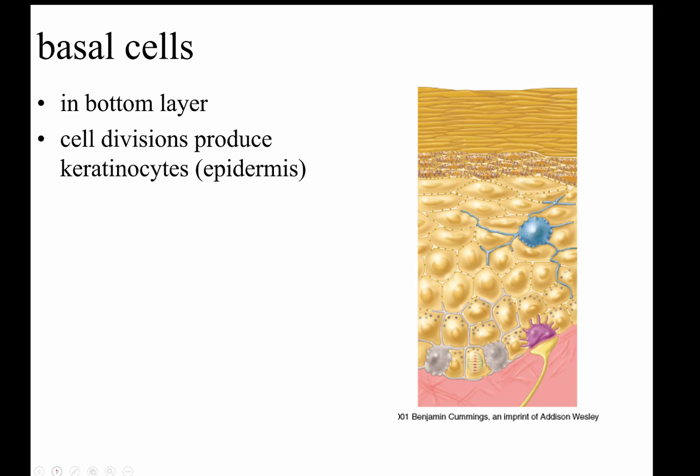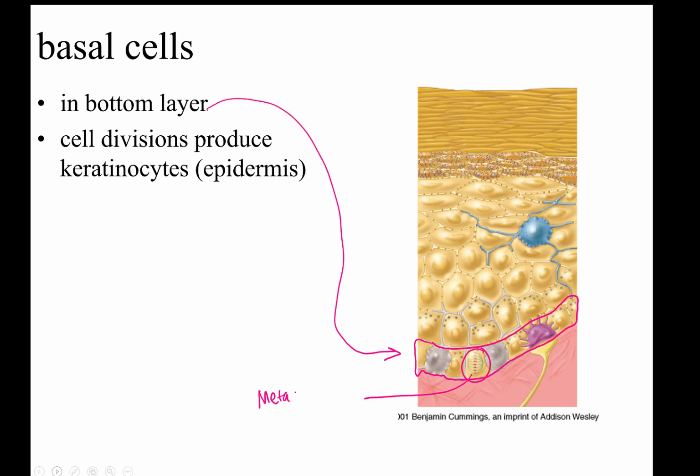Okay, so basal cells are in the bottom layer that we call the stratum basalis, or stratum basale, or stratum germinativum. Don't worry, you'll see those words again a little later, but that's just this bottom layer of cells here. And these are stem cells that produce keratinocytes above them. So you can see here we have this one, which is in metaphase, as you might recall from 160.